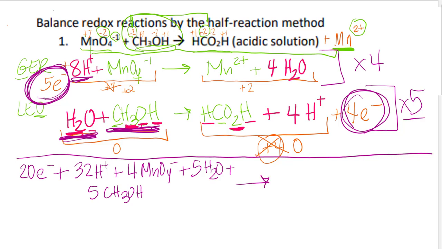Now let's look at the right side. I'm going to do this top part first. We have 1 Mn, but again, remember we multiplied it by 4. So 4 Mn 2 pluses, plus we had 4 waters.